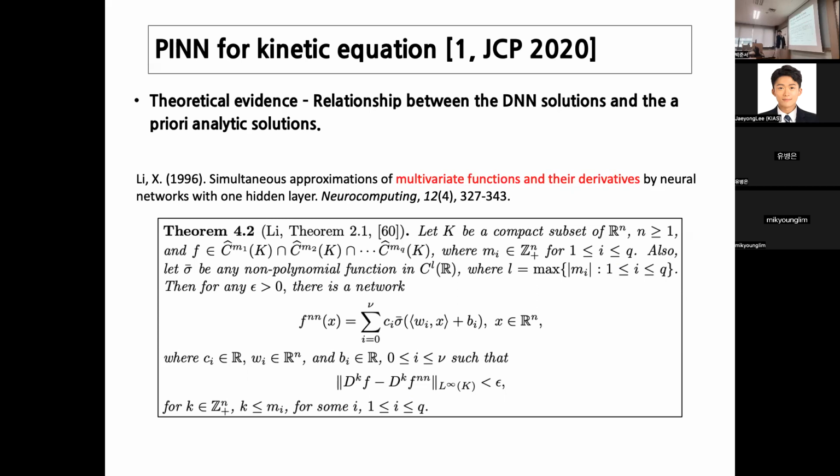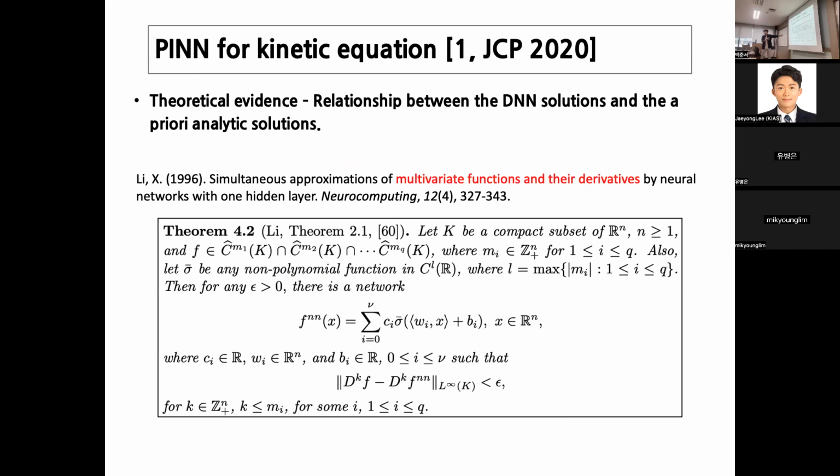In 1996, there was a theorem called the universal approximation theorem on derivatives. It shows that if we want to approximate the target function f using a neural network, then we can find weights and biases such that the network is very similar to this function.